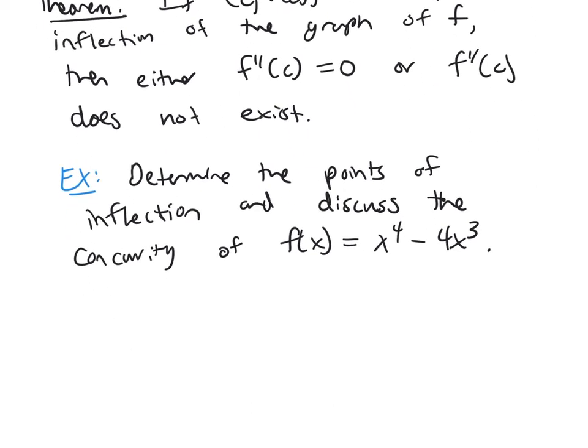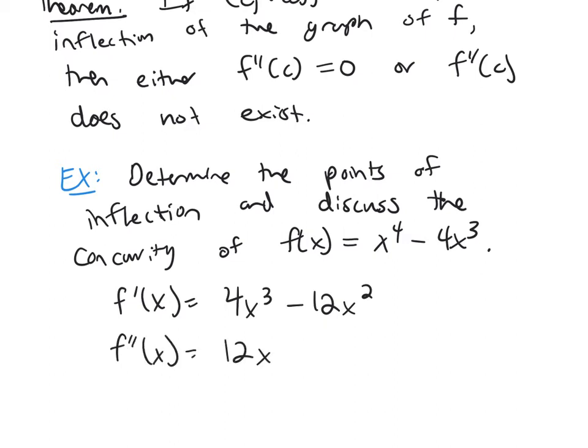So, well, I've got to find my second derivative. Start by finding the first derivative, 4x cubed minus 12x squared. And then the second derivative will be 12x squared minus 24x.